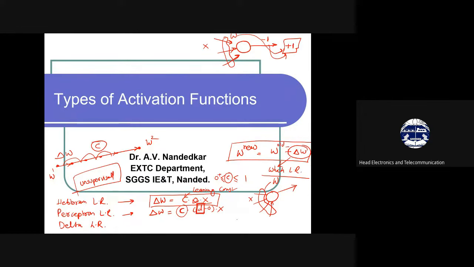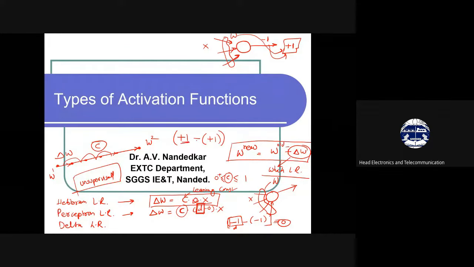Suppose you want -1 and you obtain -1. So D minus O, you can see this is D minus O, and O is also -1. So this complete thing becomes 0. So there won't be any learning, because whatever is produced by the neuron is the required thing. Same is the case when you want +1 and your neuron is producing +1.